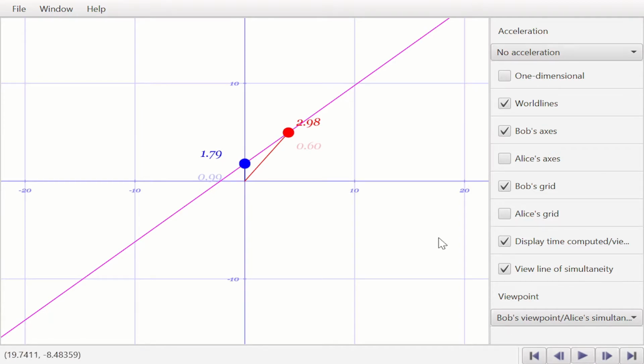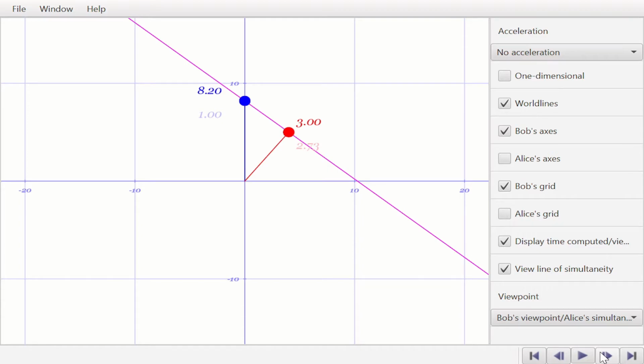But anyway, at this point, when she gets to 3, this will read 1.8. So she will compute that Bob's clock is running 60% slower than hers. And if we were to move this forward, now at this point, her clock reads 3. His clock is now 8.2. So by the time she gets here at 10, it will have traveled 1.8 years. She will have taken up 3 more years, and she'll compute his clock is still running 60% slower than hers.